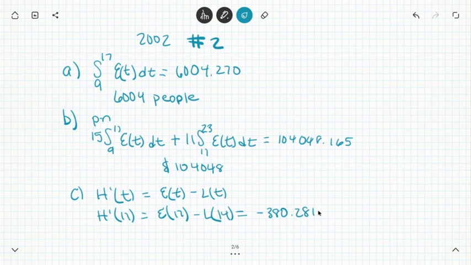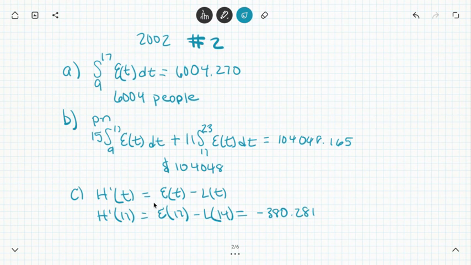What does it ask you to, what does this mean? As far as the fact that it's negative, when a derivative is negative, it is a decreasing rate. So the rate is decreasing.